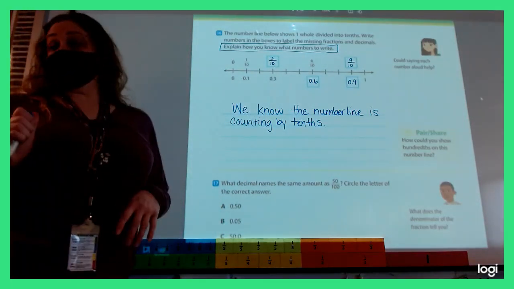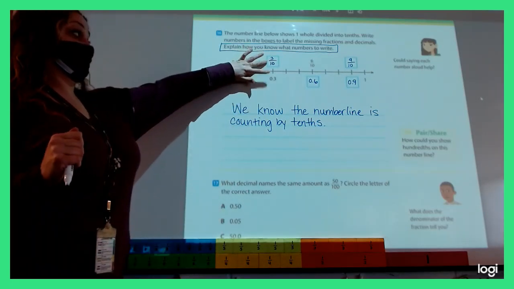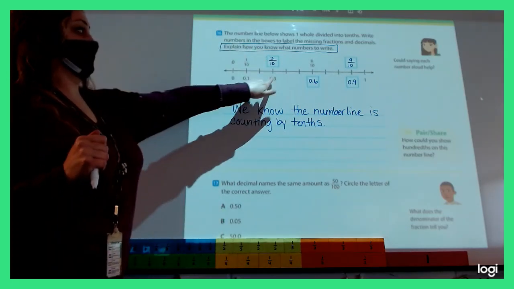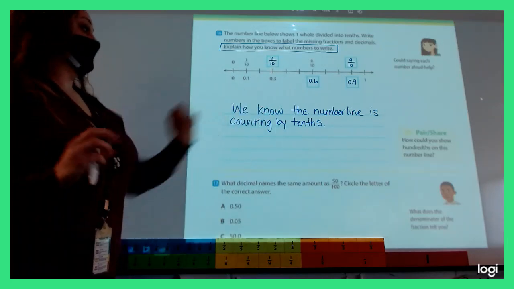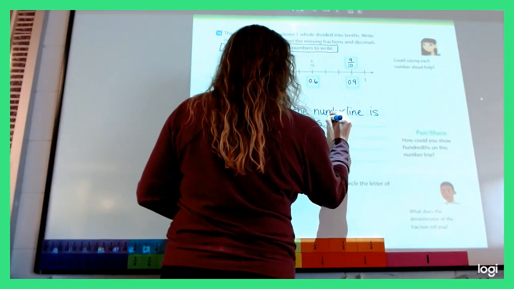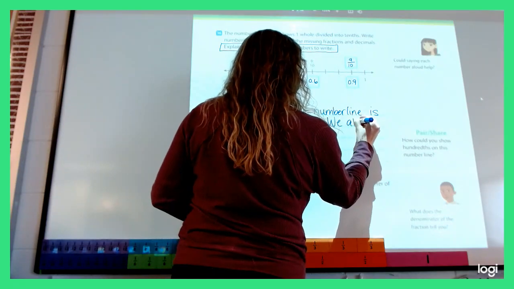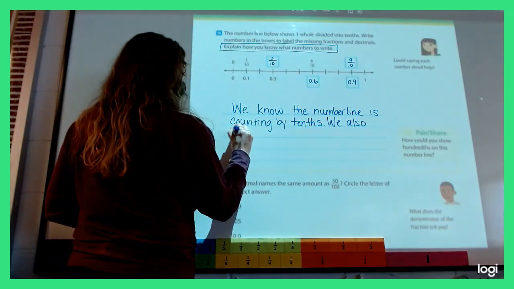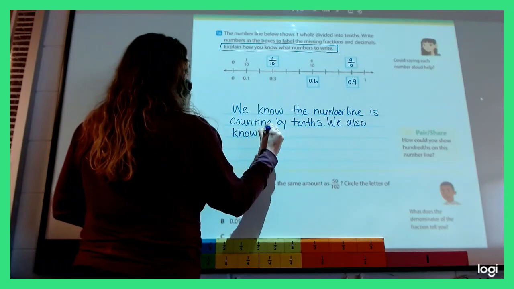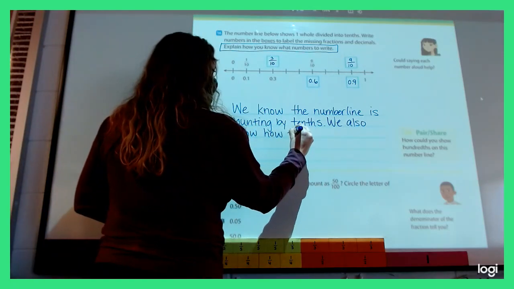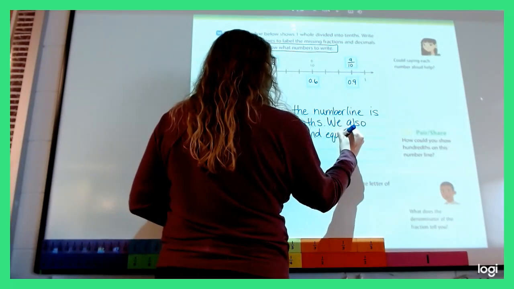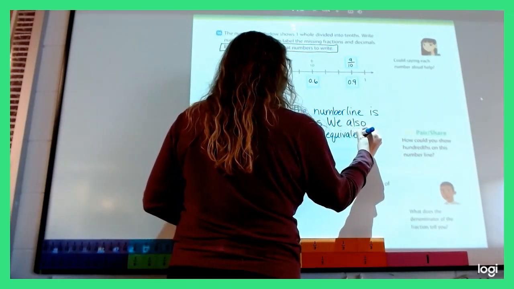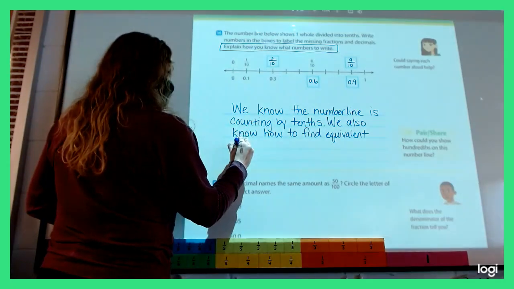And the part he said about equivalent fractions and decimals, that's important, right? That's how we knew when we saw 3/10 as a decimal to write 3/10 as a fraction. So we also know, or you can use your own words, we also know how to find equivalent fractions and decimals.